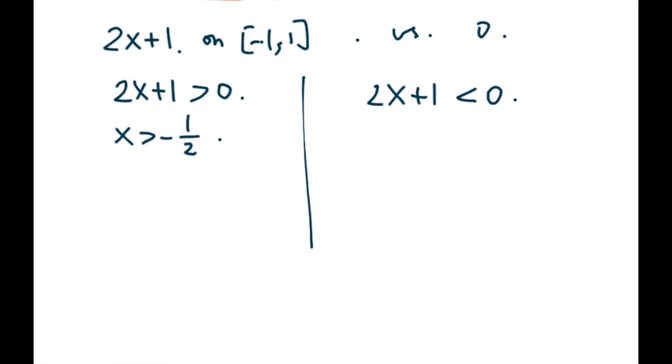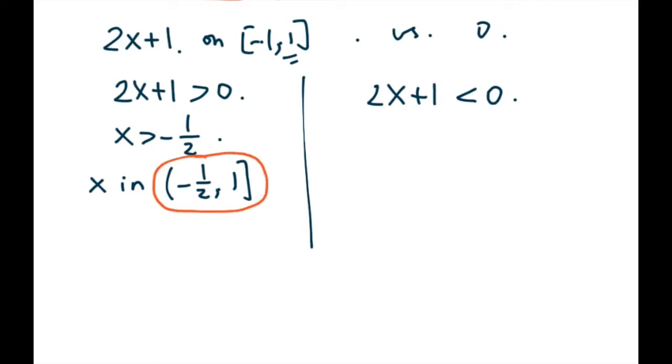That means when x is between -1/2 up to 1, because our largest possible value of x is just 1, when x is in this interval, 2x plus 1 is bigger than 0.